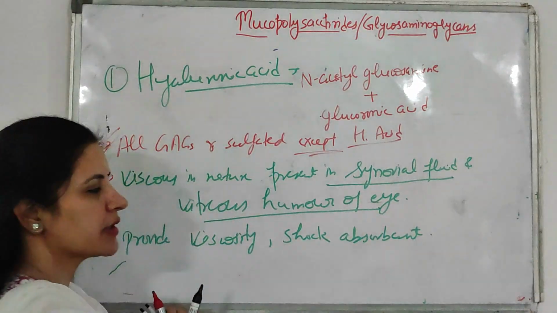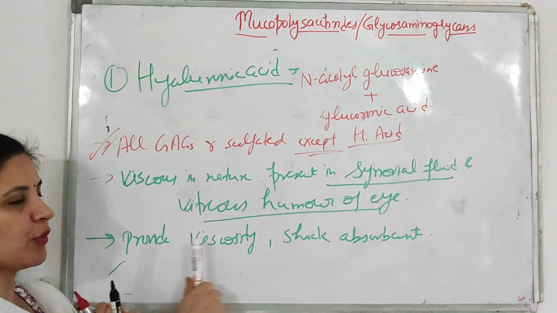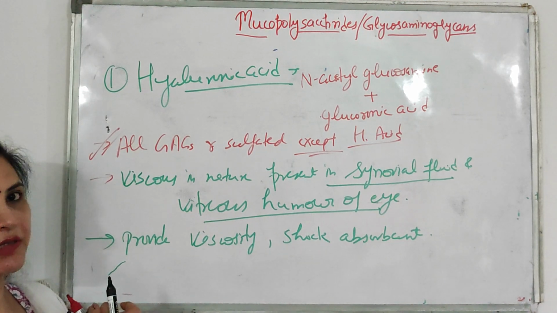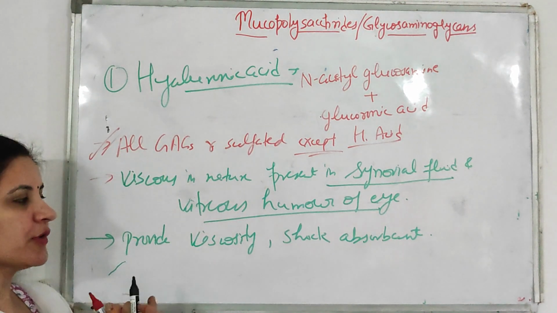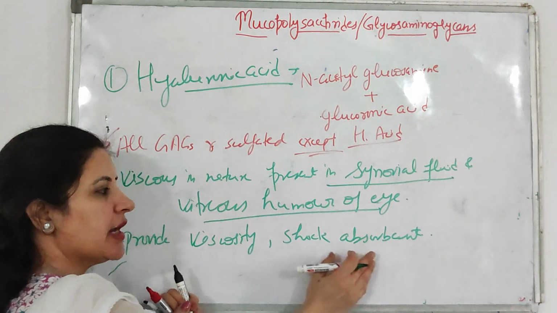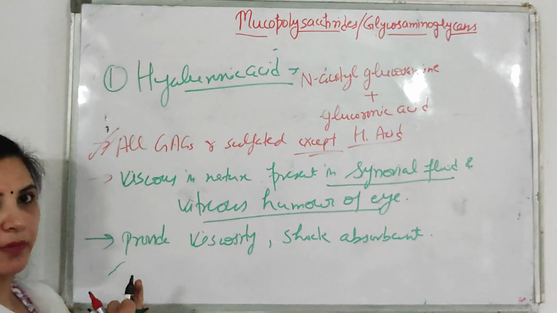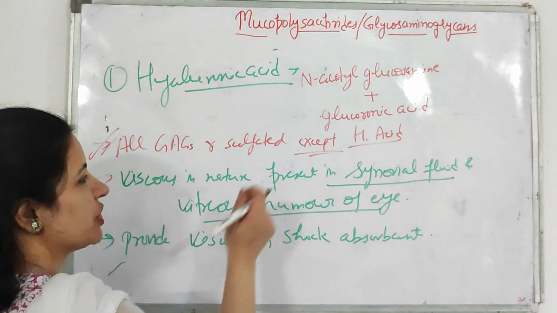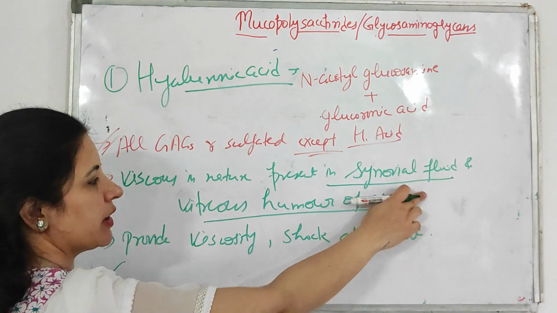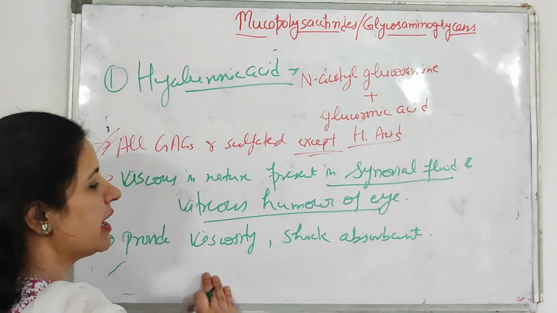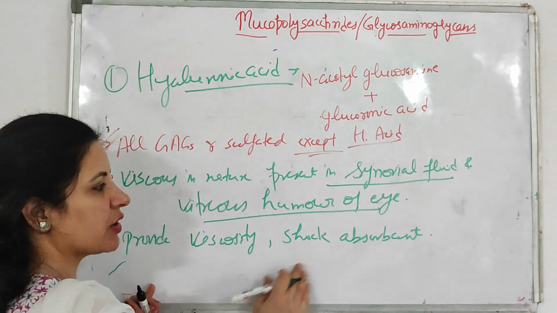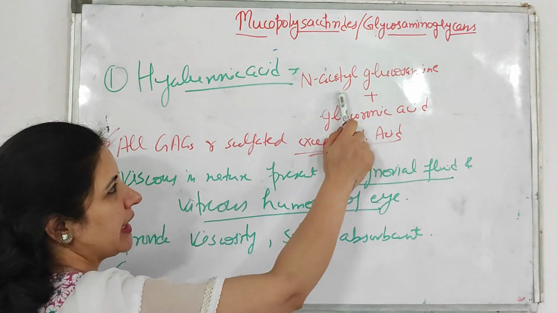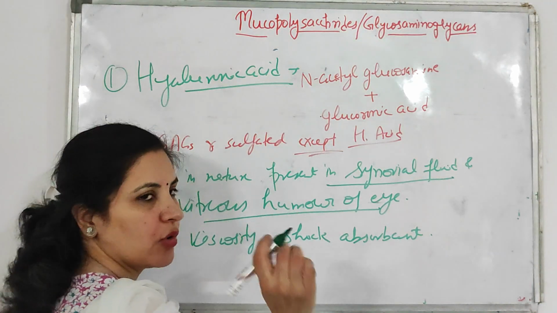It provides viscosity to the organ; for example, hyaluronic acid is present in the knee joint. That's why it provides viscosity, and because of its viscous nature, it acts as a shock absorbent. So this is hyaluronic acid: it is present in the synovial fluid and vitreous humor of the eye, it provides viscosity and acts as a shock absorbent, and it is composed of N-acetyl glucosamine and glucuronic acid.